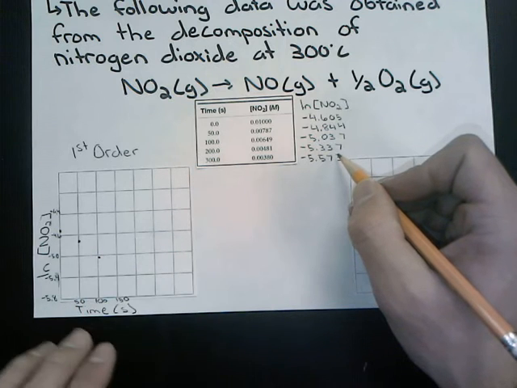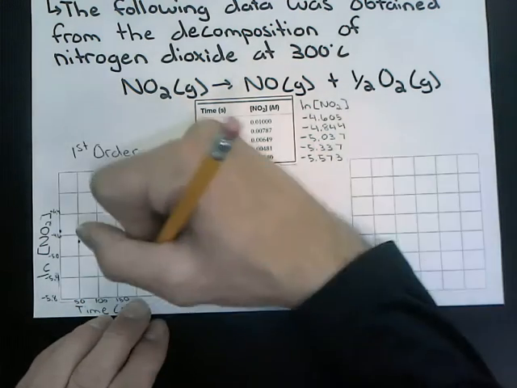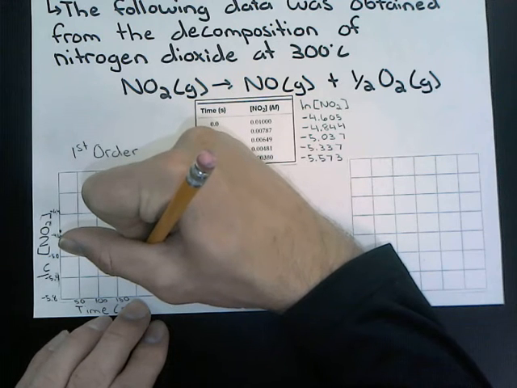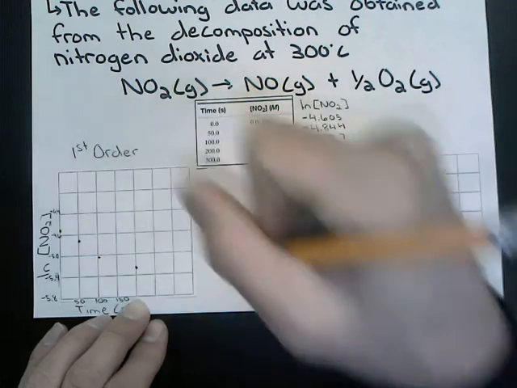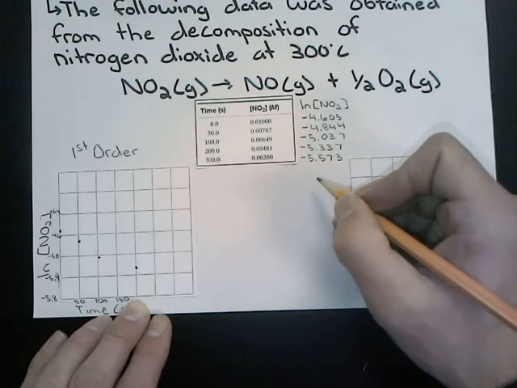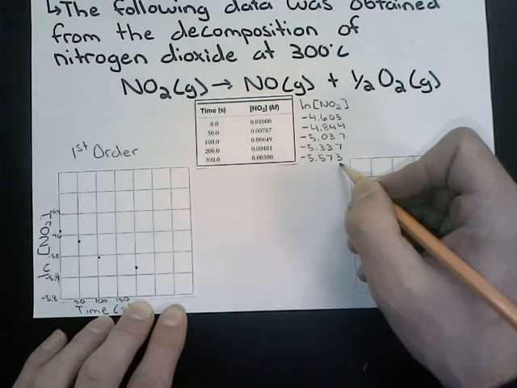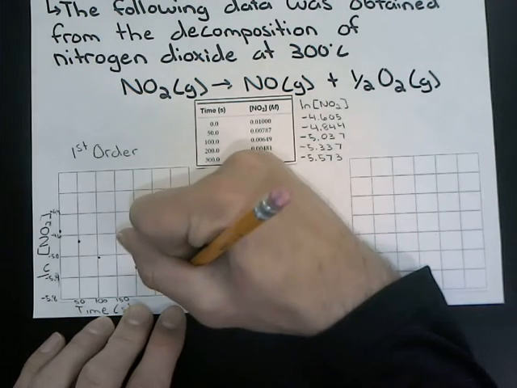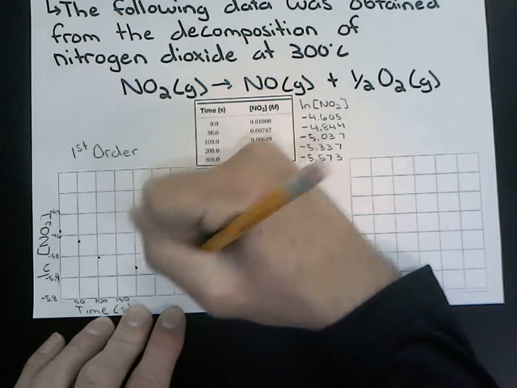We're going to go to negative 5.33. So 200 would get us a value right here, and negative 5.33 is roughly about here. And then we get 300 seconds, and that value is negative 5.573. So again, estimating, negative 5.5 will probably be here.